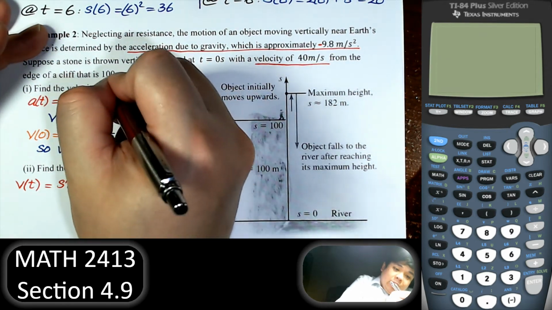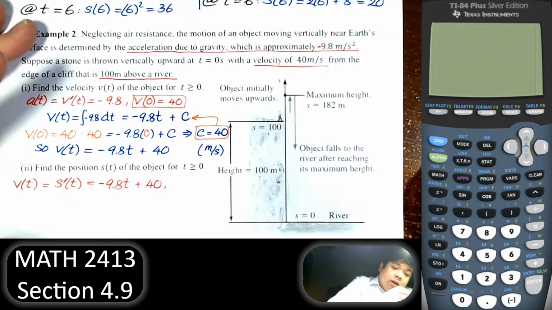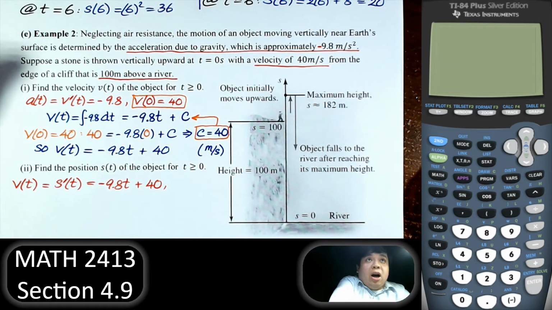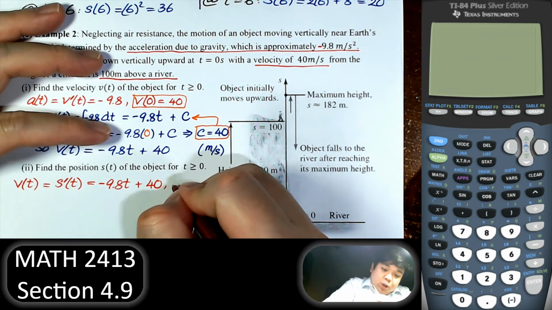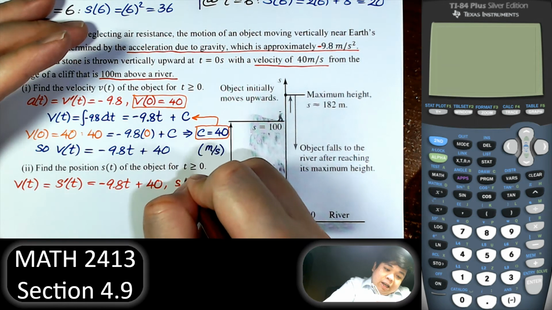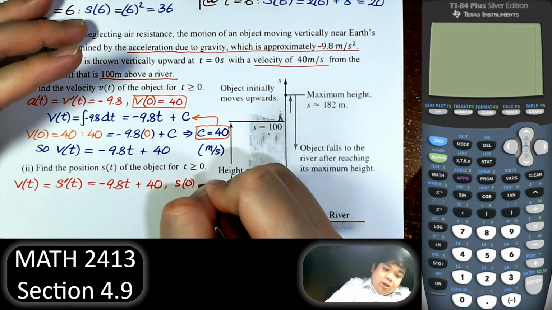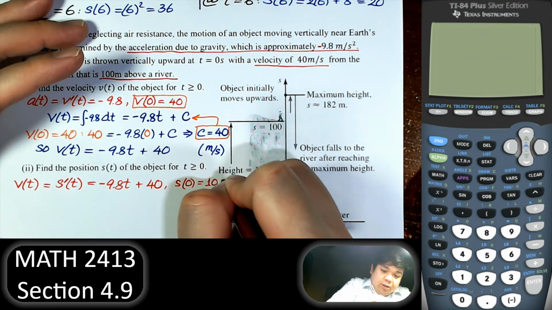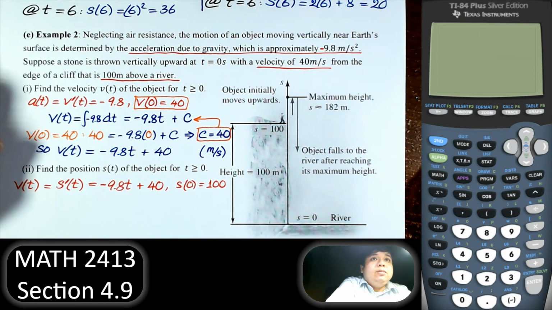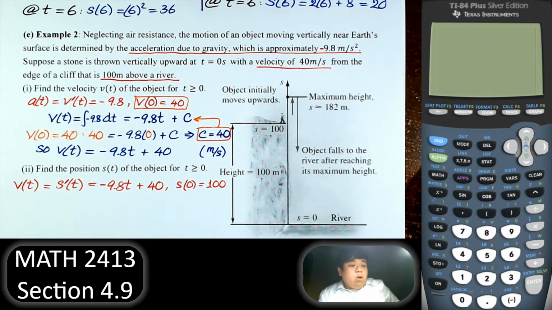And initially we throw it up at 100 meters above a river. So we should say s of 0 is equal to 100. Right, then we solve this initial value problem.